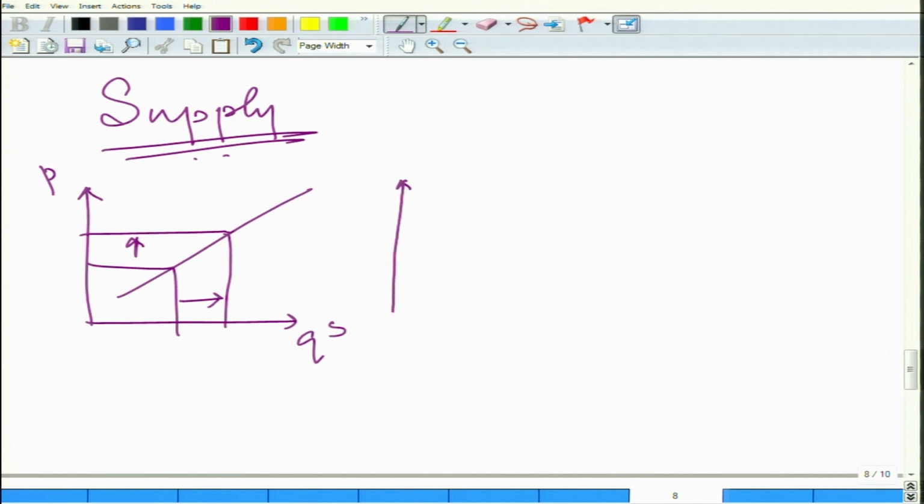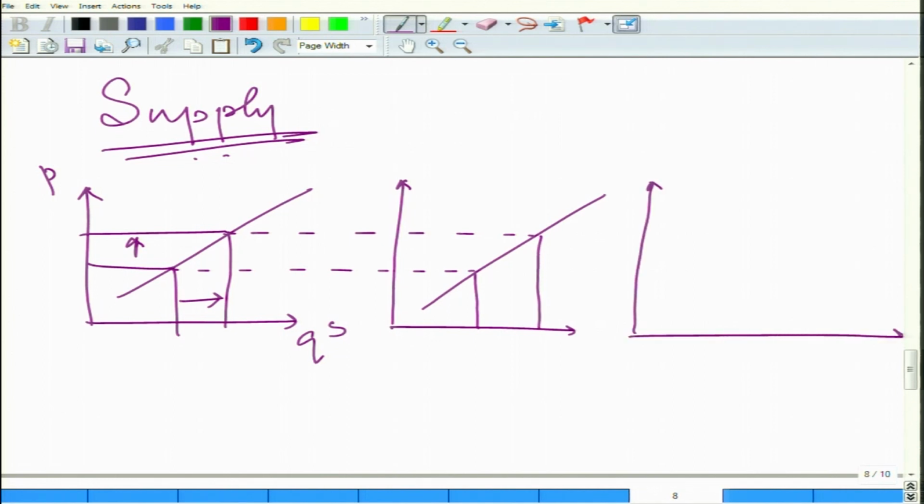Similar to the demand, if at the same price you have got differential supplies from individual suppliers, you can add these two up to determine the market supply.